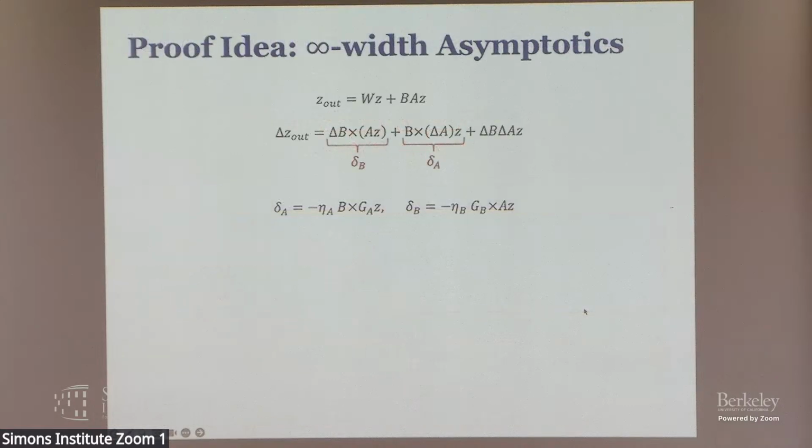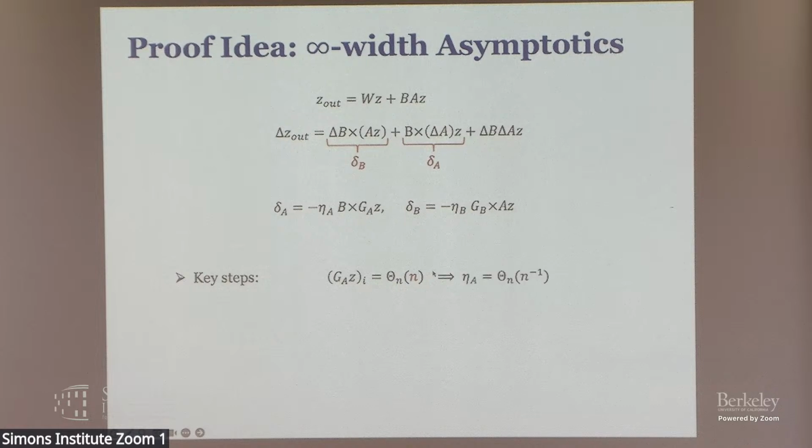And just to give you an idea about the proof, if we look at the expressions of this delta A and delta B, the G are the Adam gradients, right? We can show that GA times Z, so GA times the input, if you look at the components of this vector, asymptotically they have the scale of theta of width, right?